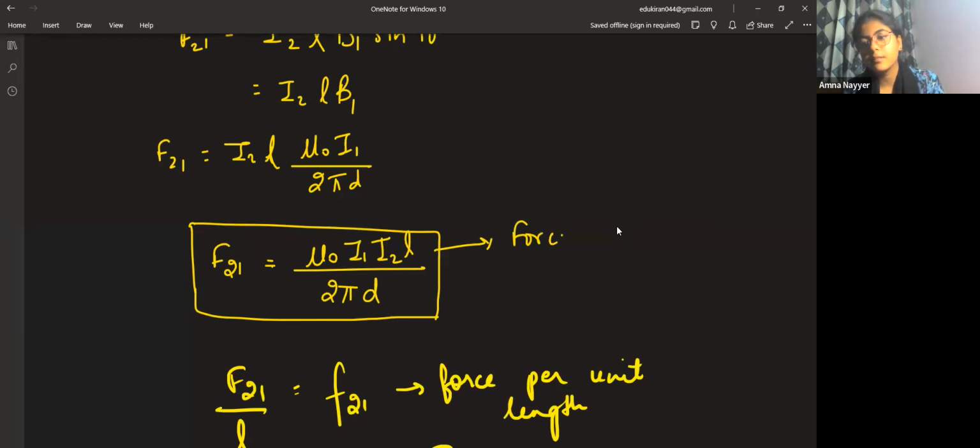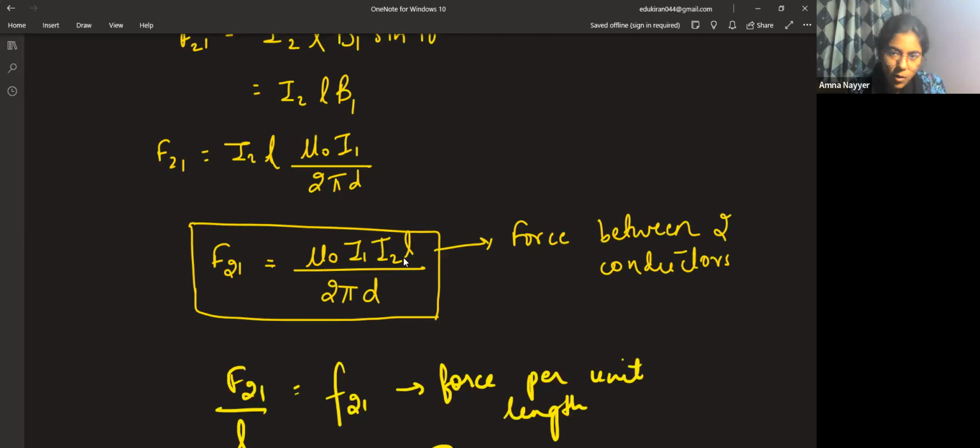Now see class, this is the main formula which you all should remember.